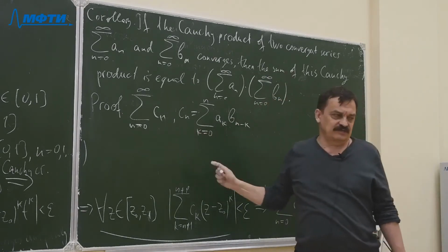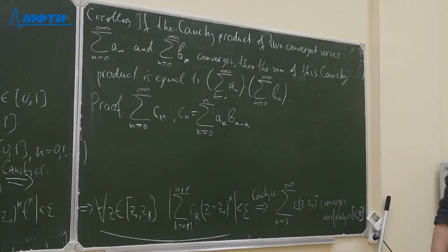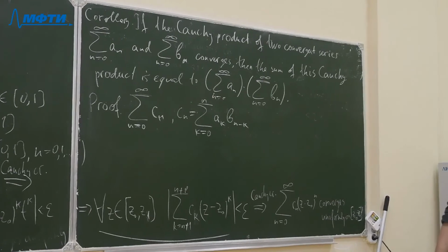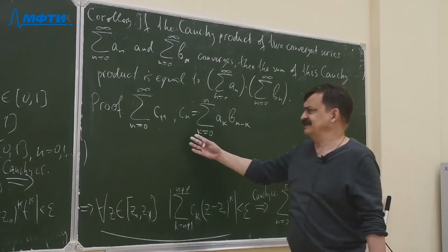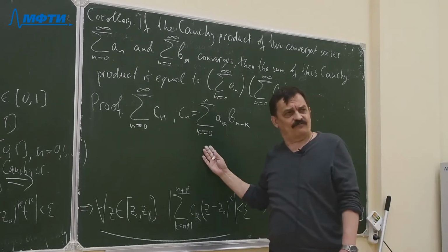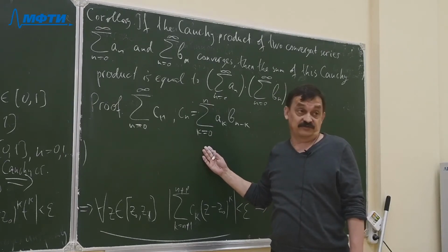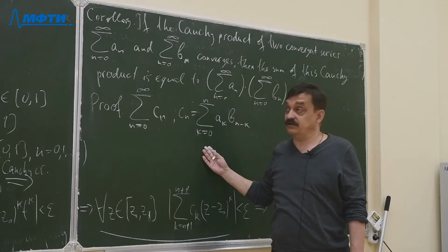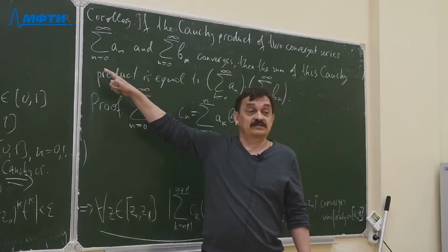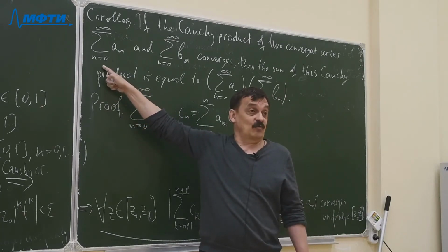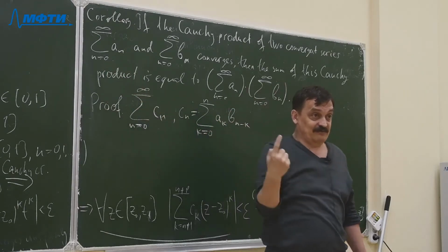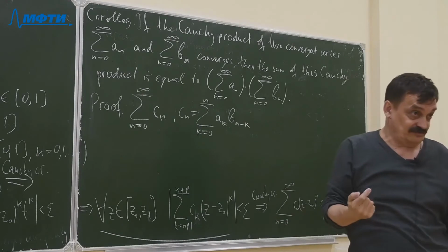By the way, you see that this is not precisely the same formula which I gave to you when I gave the definition of the Cauchy product. Why? Because when we considered real series, we usually started from 1, right? And now I started from 0, and that is more convenient.